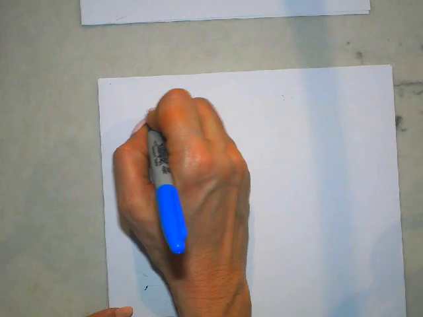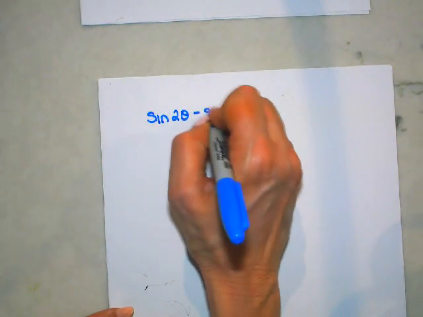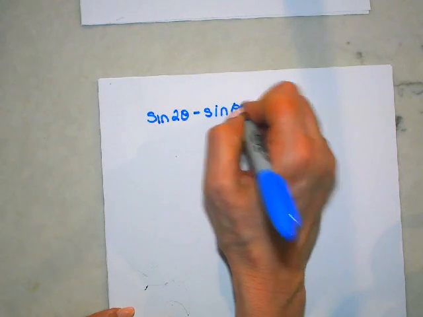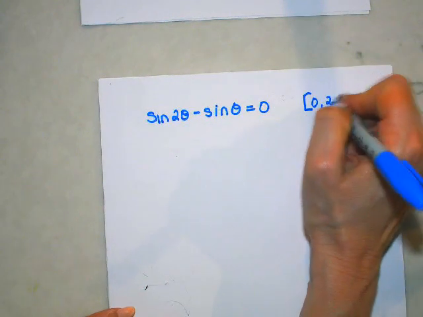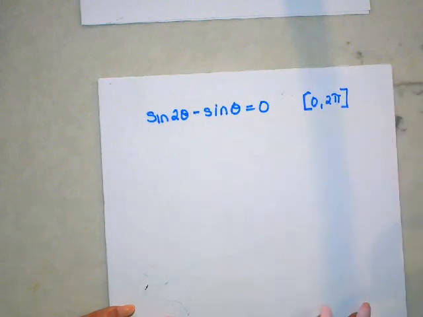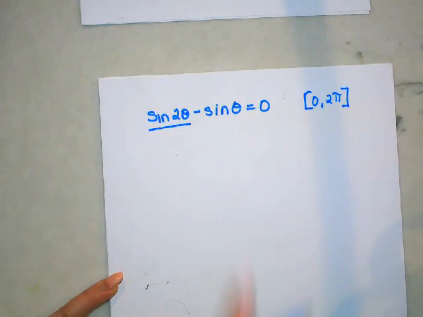You've done problems like this where I give you sine of double angle minus sine theta equals 0, and I want you to solve this over the interval from 0 to 2 pi, including both. I can't solve this as is.